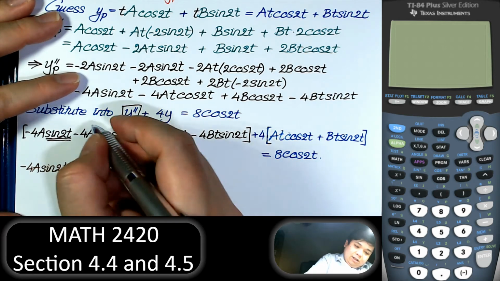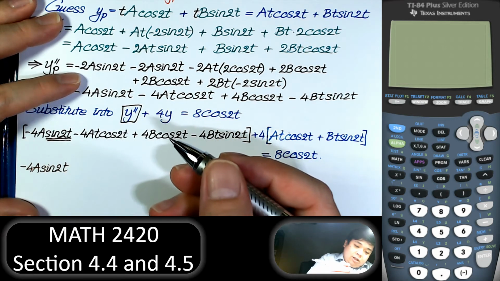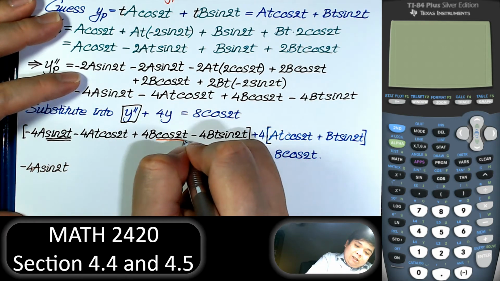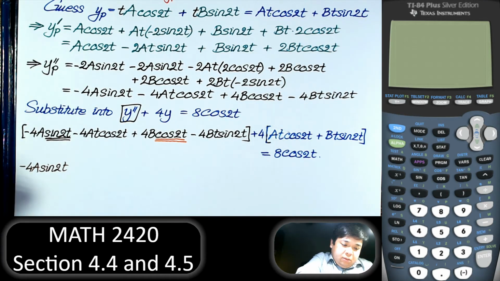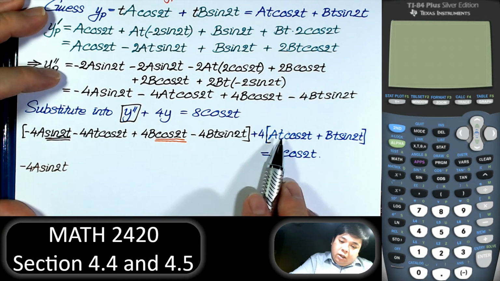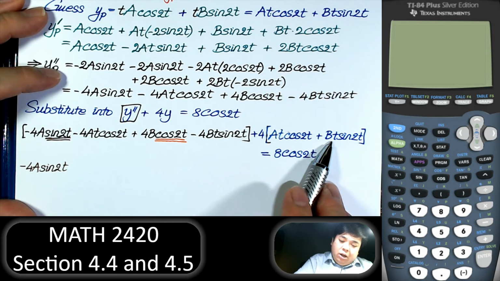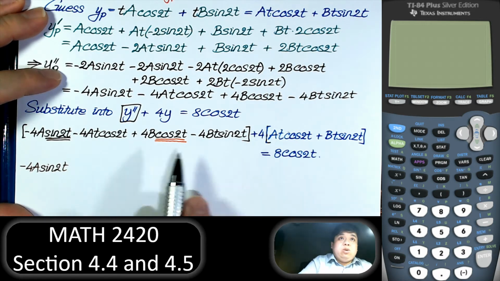Next, cosine 2t. No, we don't have that here, right? These have the t, these have t, so that's the only term we have.